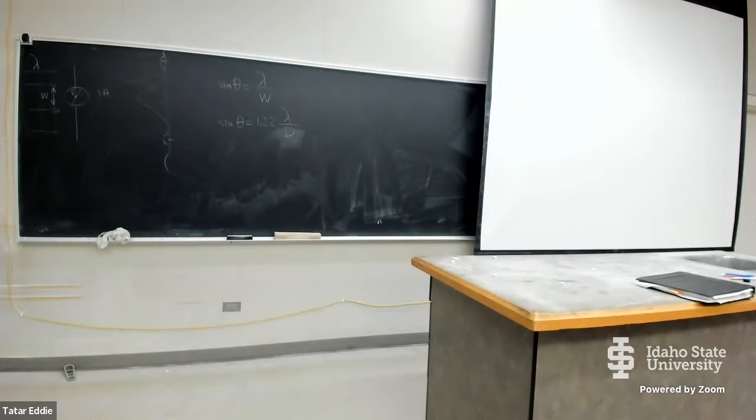Depending upon the diameter of the pupil, the diameter of the circular opening, the resolving power of your eye is going to be different. In general, a larger opening, an enlarged, dilated pupil, is going to have more resolving power.